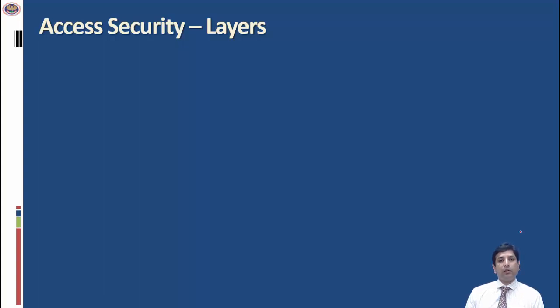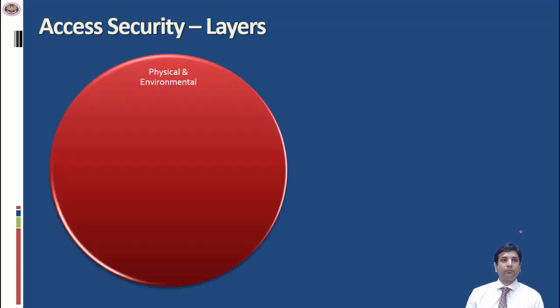Access security is not a single control or a single point of control. Actually, access security cuts across various layers of the IT environment. Let us look at the various layers in detail. At the outermost layer, we have the physical and environmental aspects to consider.